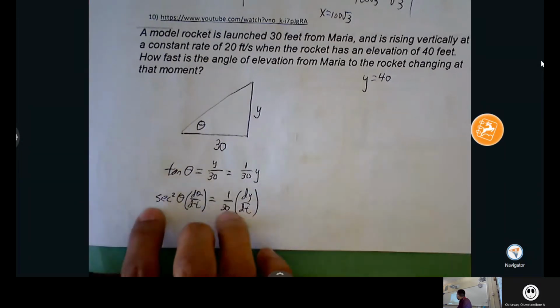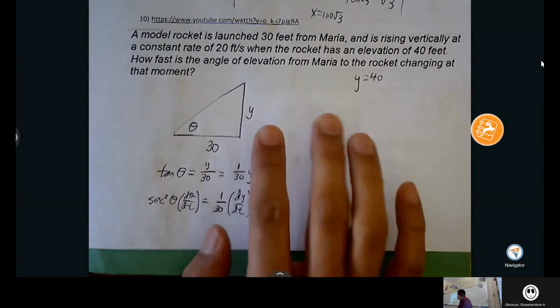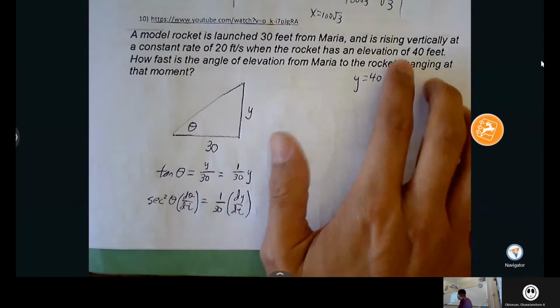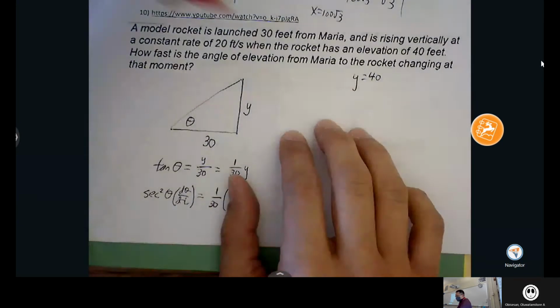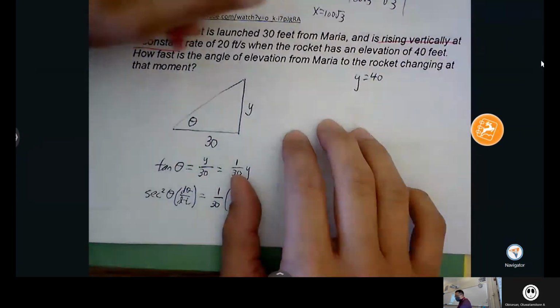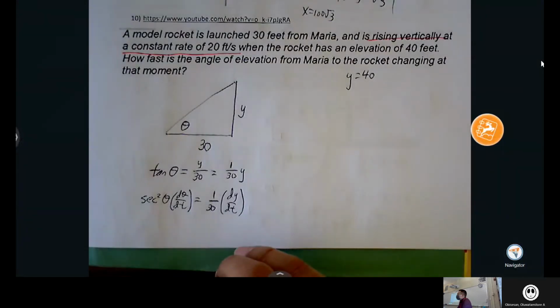Okay, so let's see. What other information do we have from this problem? What about this? The rocket is rising vertically at a constant rate of 20 feet per second. What variable could that be?